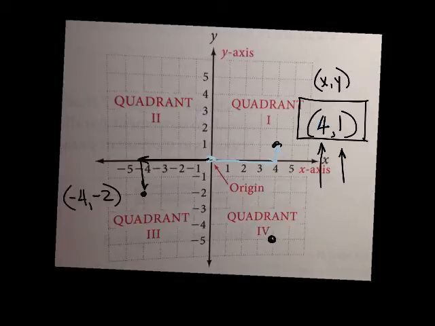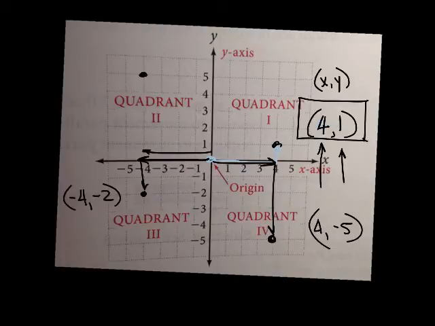I went over 4 and I went down -5. And if I had a point like right here, I went over -4, that's the direction I went, and then I went up 1, 2, 3, 4, 5. And that's how we label certain points.